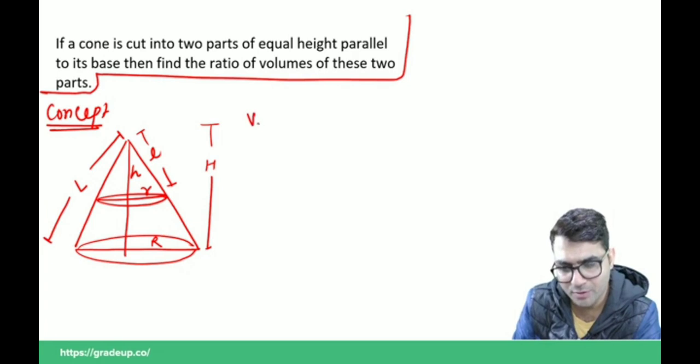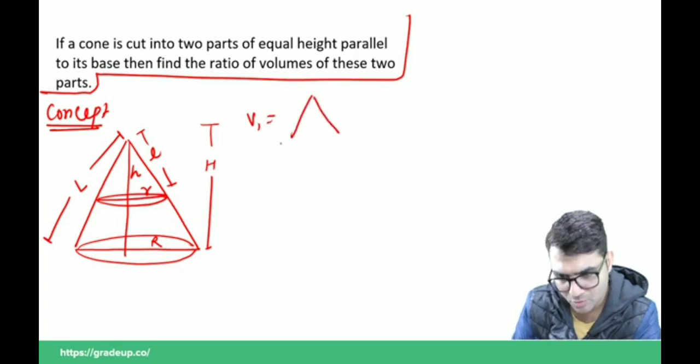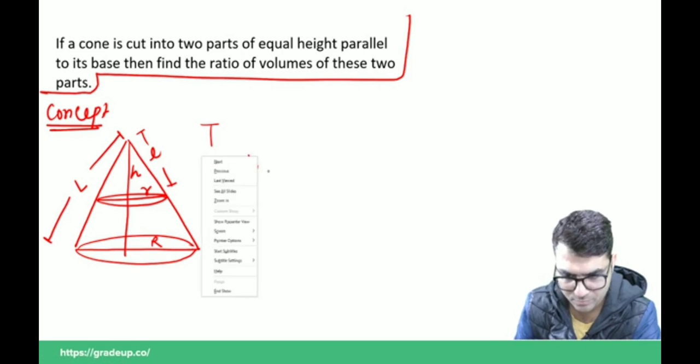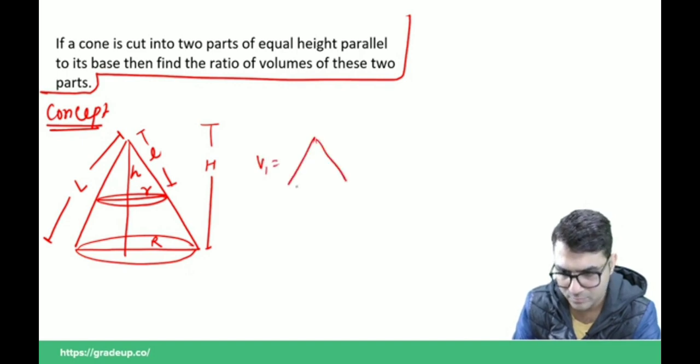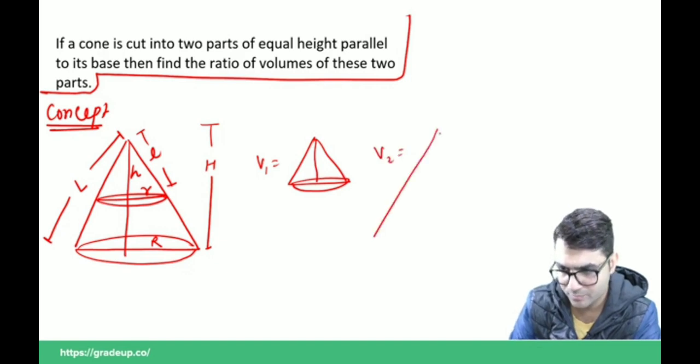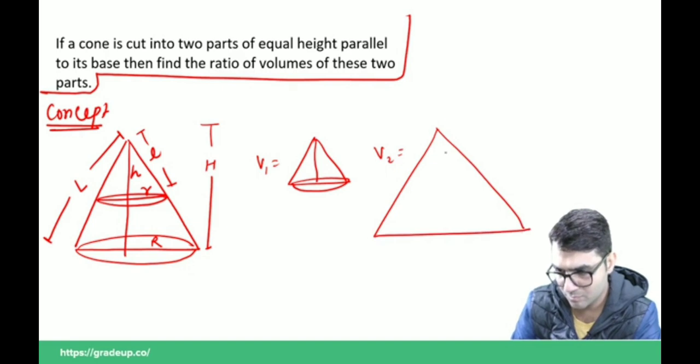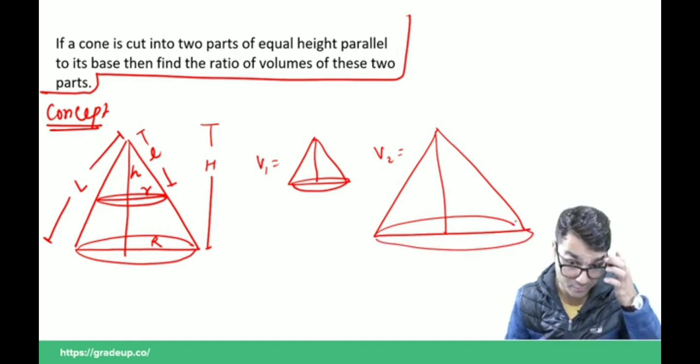Let's say V1 is the smaller cone, and V2 is the bigger cone.